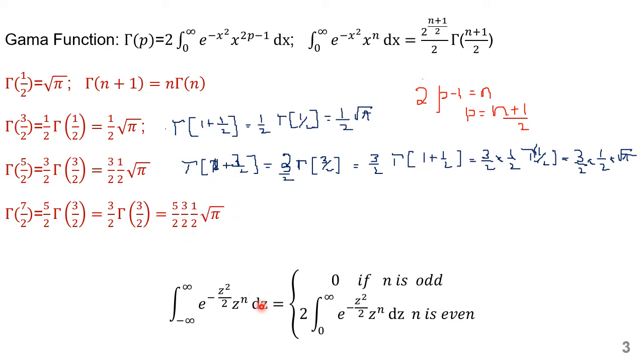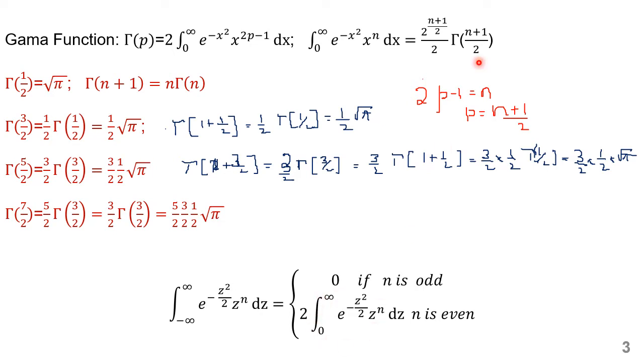So overall we can define the integral of e to the power minus z square by 2 z to the power n dz is always equal to 0 if n is odd, and if n is even, then, because I have defined it from minus infinity to infinity, it is 2 times the integral from 0 to infinity of e to the power minus z square by 2 z to the power n dz.